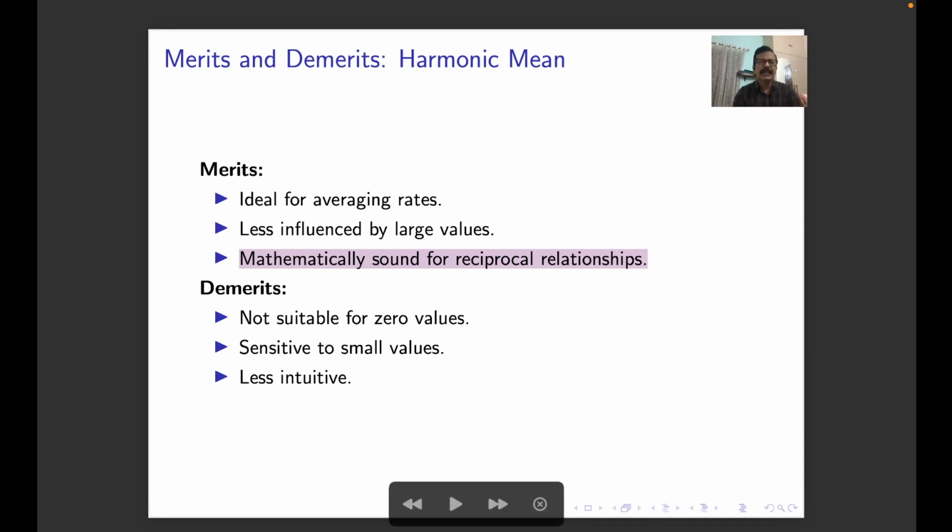The demerits: it is not suitable for zero values. Once one of the data points is zero, it is difficult to compute, it becomes infinite. And it is more sensitive to small values and less intuitive. These are the important demerits.